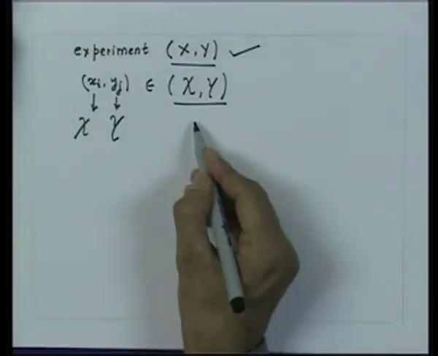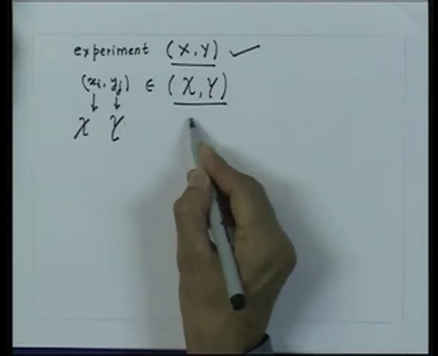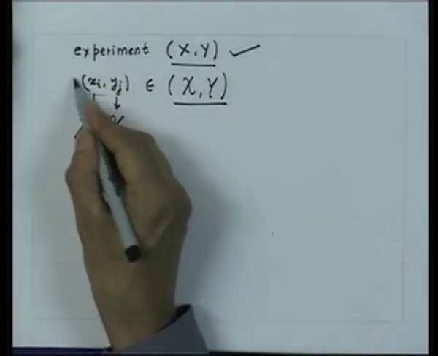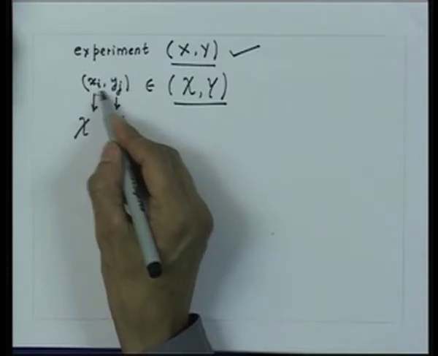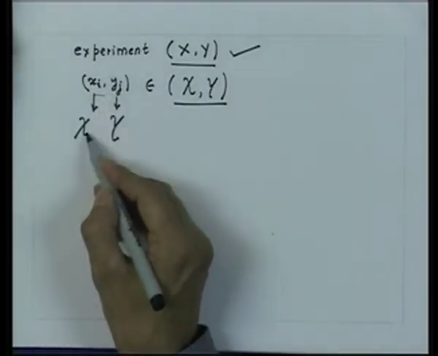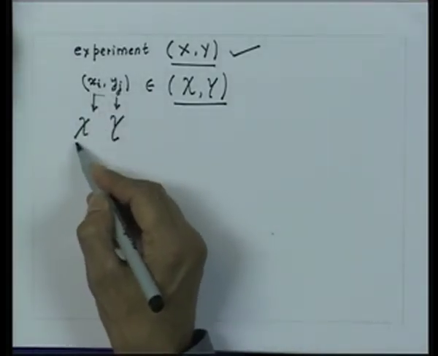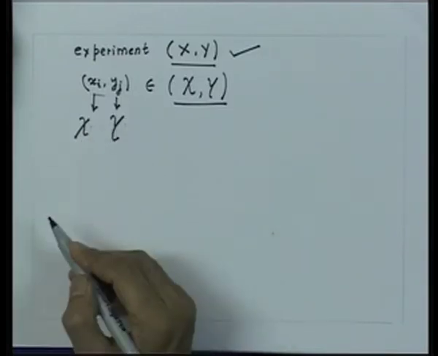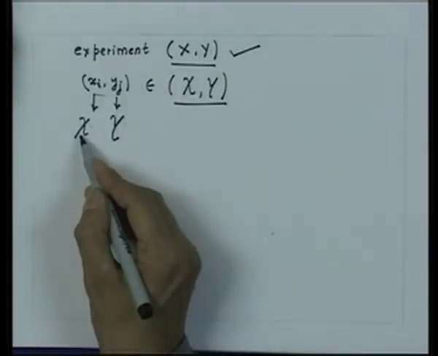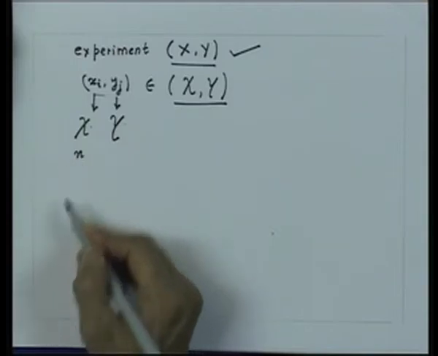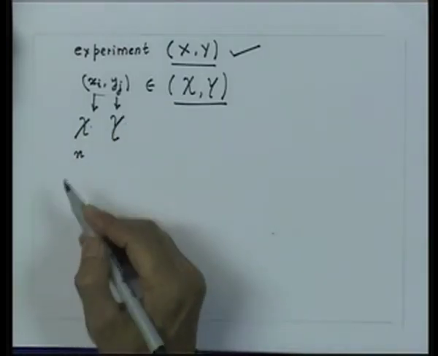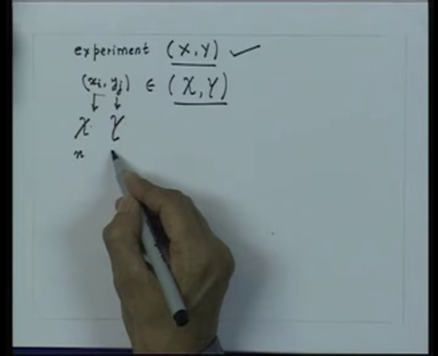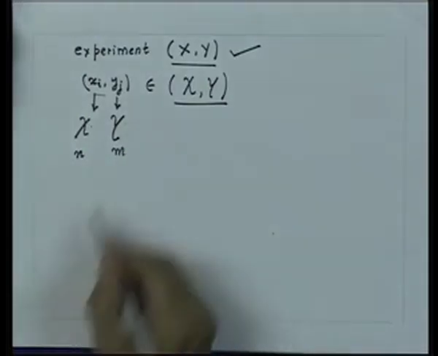Now, the number of events which can occur, given by xi yj, will depend on the size of the sample space x and the sample space y. Let me assume that the size of the sample space x is n elements and the size of the sample space y is m elements.